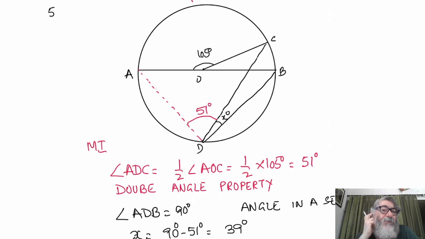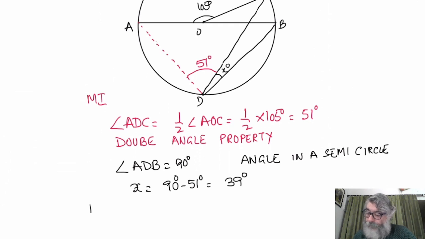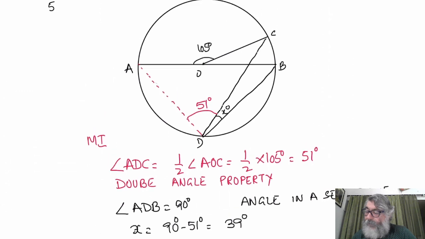We could have used another property also, which was also very simple. I will show you. Method 2. Let me write down the angle COB.